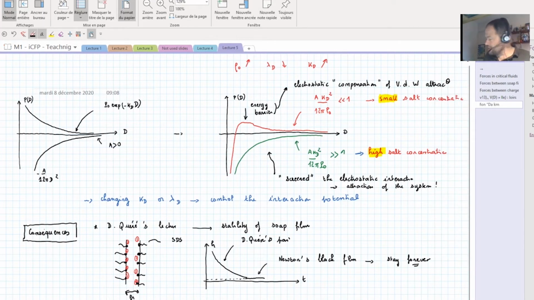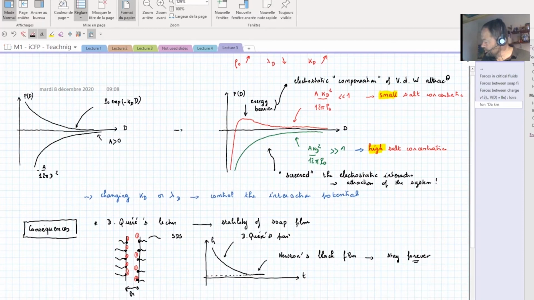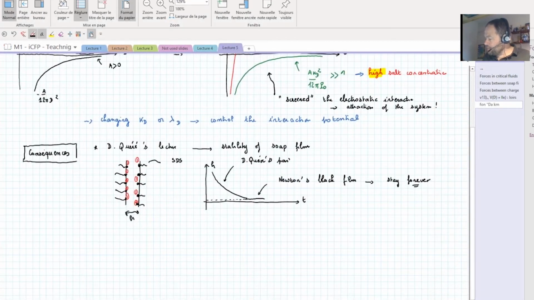So really, this is something which is ultra stable. So there is this link. There is some other common feature of these DLVO forces, which is the question of colloidal stability.